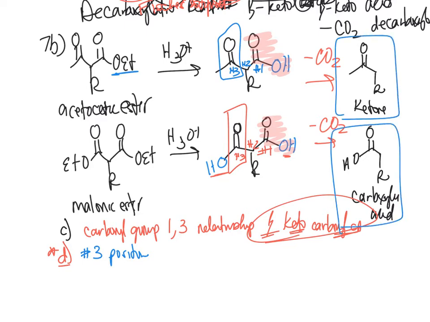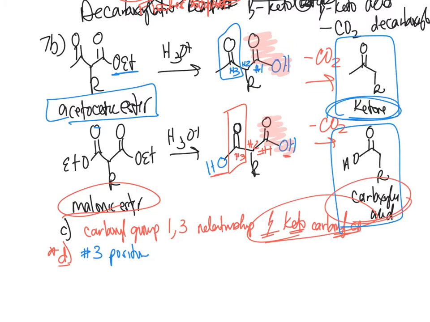Make sure you have those. After decarboxylation, the acetoacetic ester synthesis leads to the formation of what? Ketone. After decarboxylation, the malonic ester synthesis leads to the formation of what? Carboxylic acid.